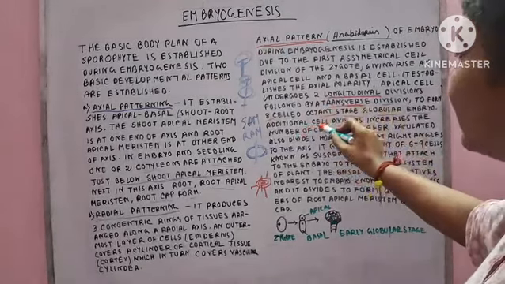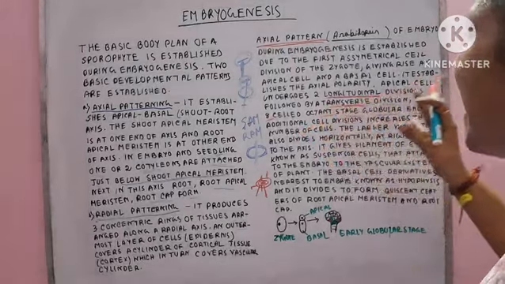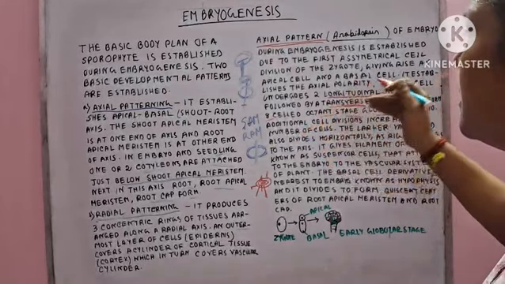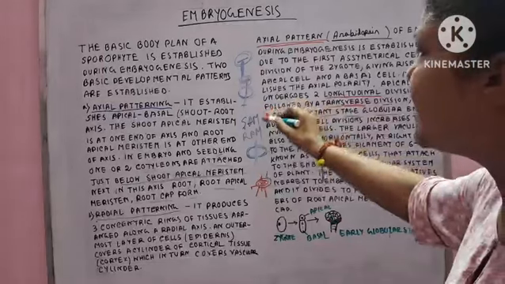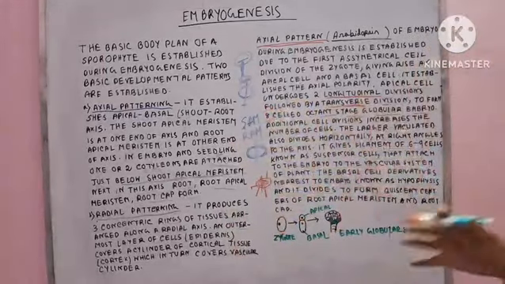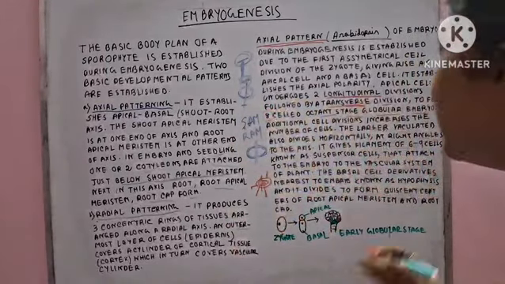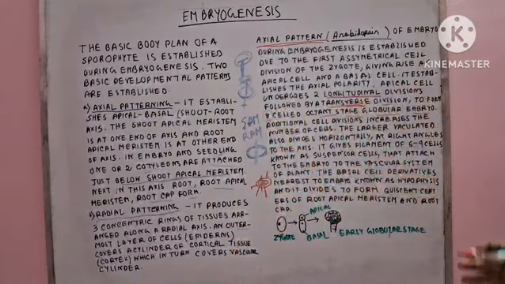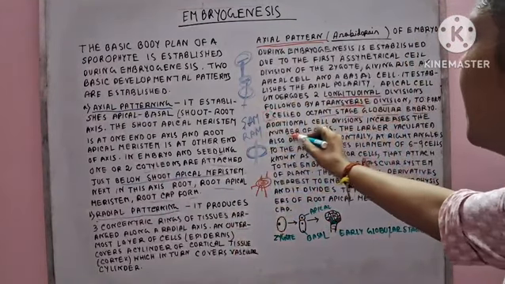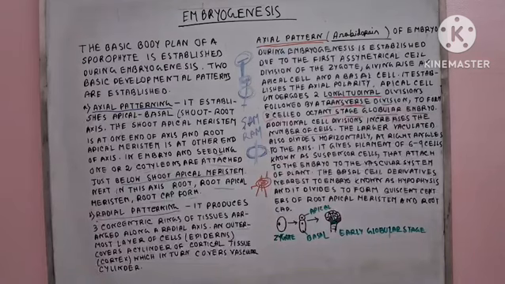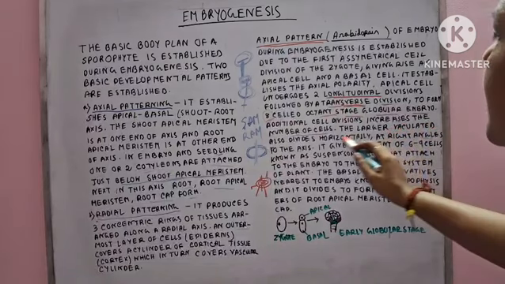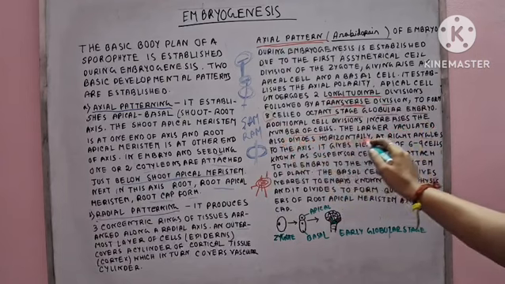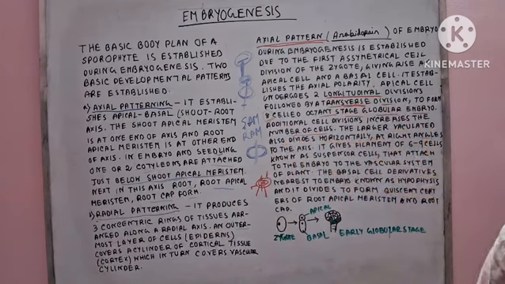And then additional cells are formed after divisions of the 8 cells. So again cell divisions occur, and what are these divisions for? To increase the number of cells.